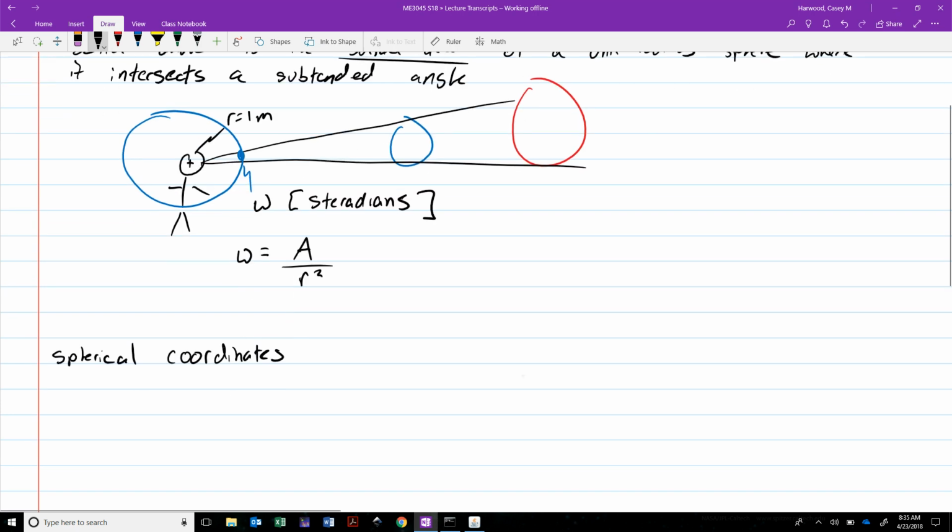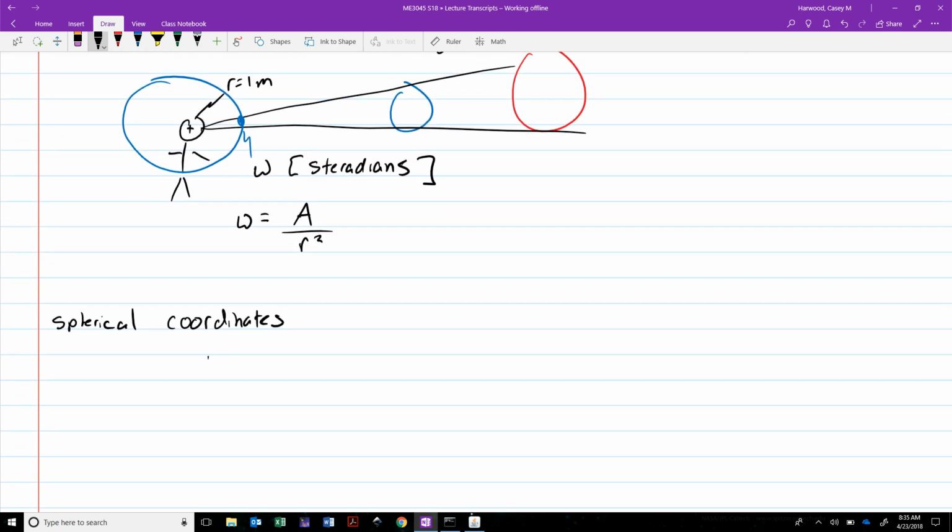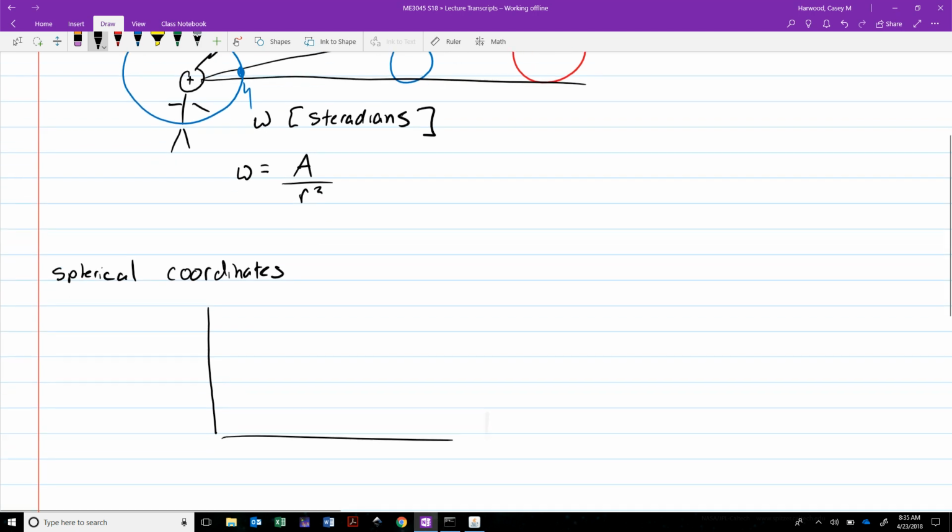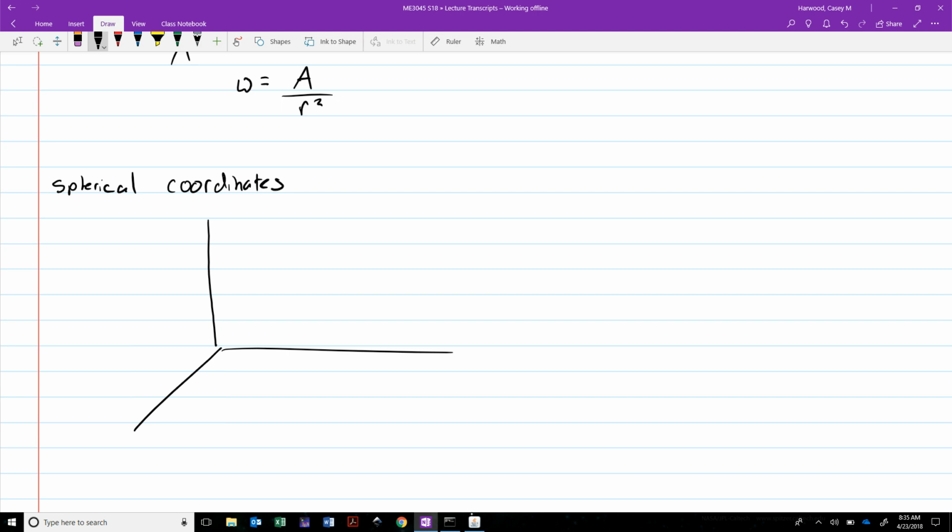So if we consider our spherical coordinate system, right, it's usually defined by, if we have it in a three-dimensional space, some radius r, which is at what's known as some zenith angle theta, and then if we projected this down onto the horizontal plane here, this rotation about the vertical axis is what's known as the azimuth angle phi. So 3 variables, r, theta, phi.